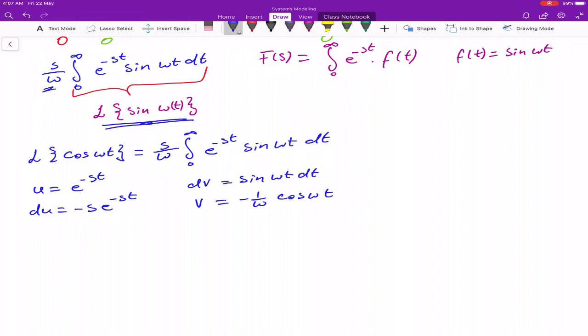Again, we go through the process exactly the way we did the first part, whereby we want to substitute all this information into uv minus the integral of v du.